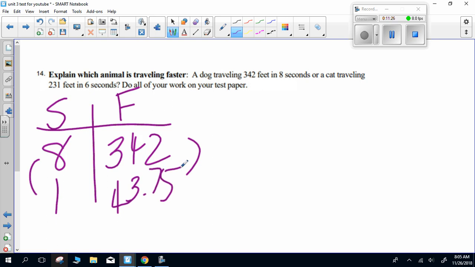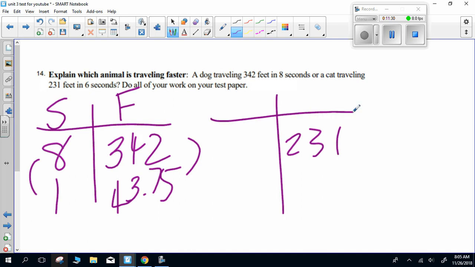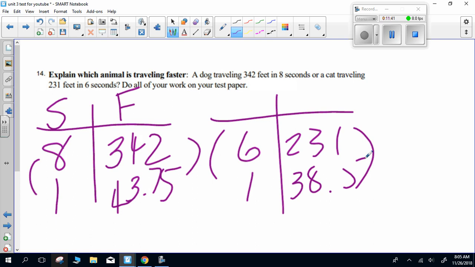And then the cat goes 231 feet in 6 seconds. If I divide this by 6 and this by 6, I get 38.5. So because the dog in 1 second goes 43 feet, he is going faster than the cat, who in 1 second goes 38 feet.